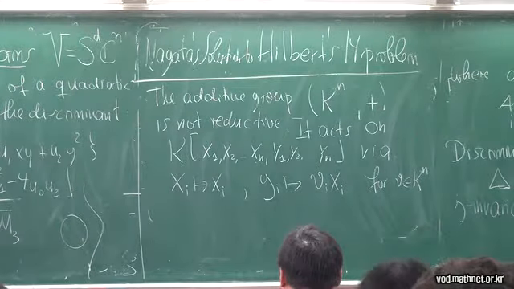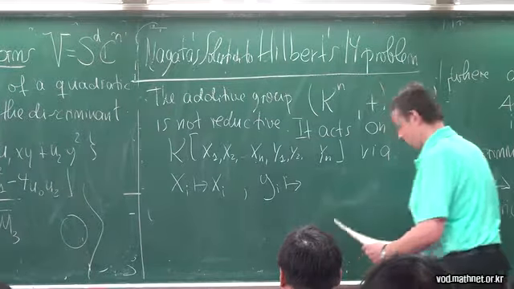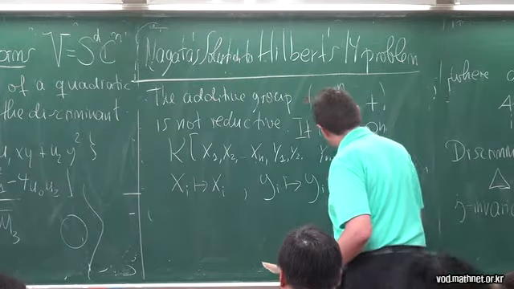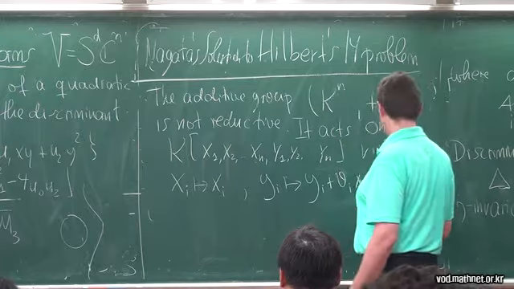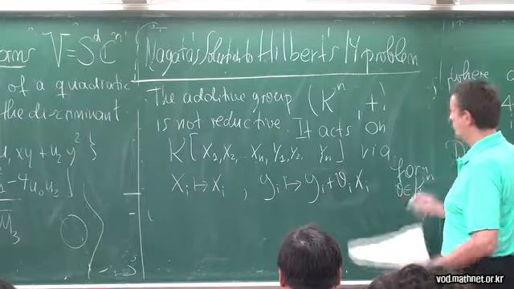So v is a vector of length n, and vi is the ith coordinate. And I'm sorry, I wrote this wrong. This should be yi plus vi xi, for v in the group K to the n.